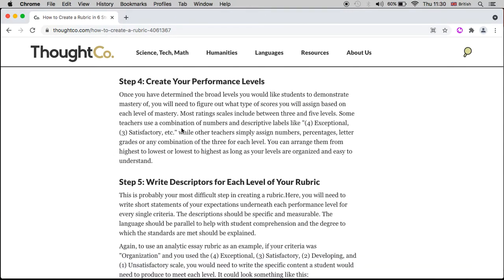Some teachers use a combination of numbers and descriptive labels like exceptional, 4 points, satisfactory, 3 points, etc., while other teachers simply assign numbers, percentages, letter grades, or any combination of the 3 for each level. You can arrange them from highest to lowest, or lowest to highest, as long as your levels are organized and easy to understand.